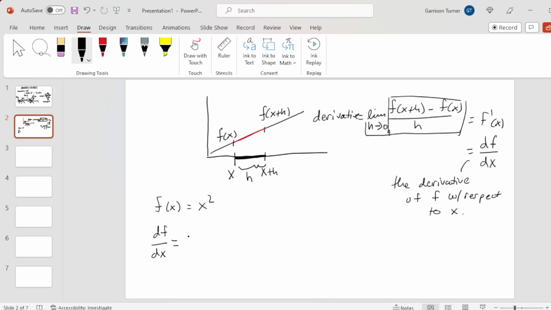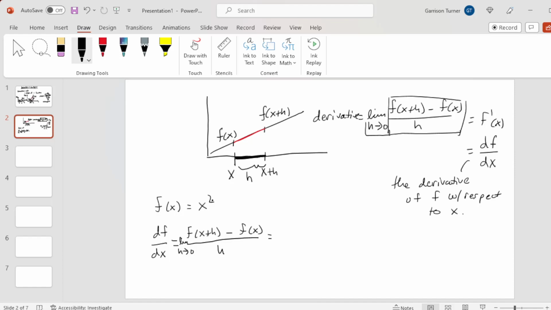So we're going to take f of x plus h minus f of x, and we're going to divide that by h in the limit that h goes to 0. Okay? So what is f of x plus h?